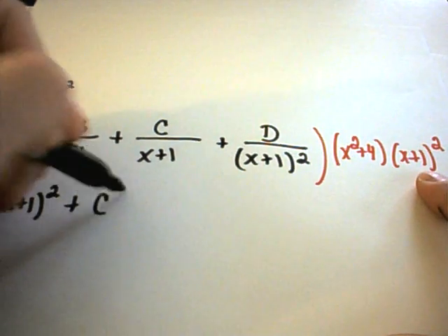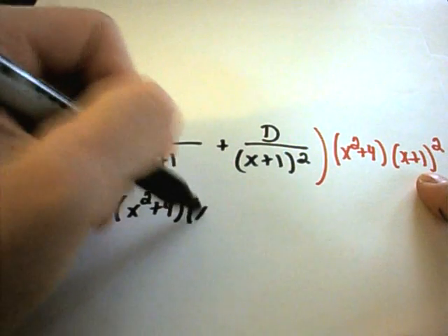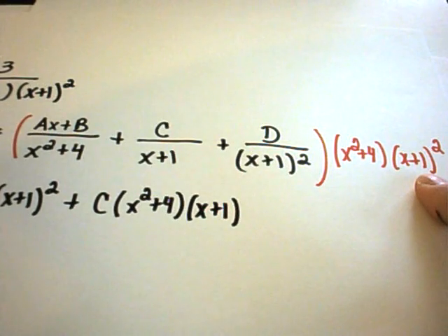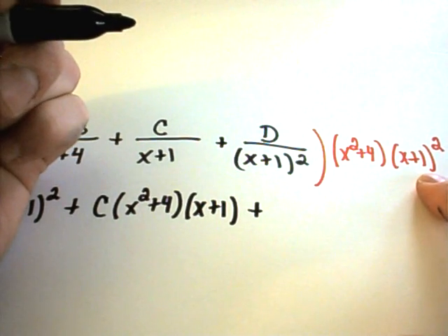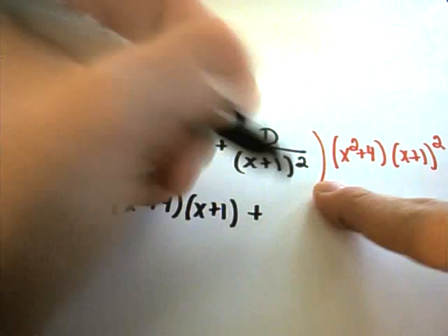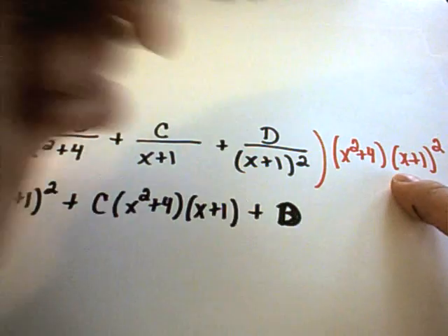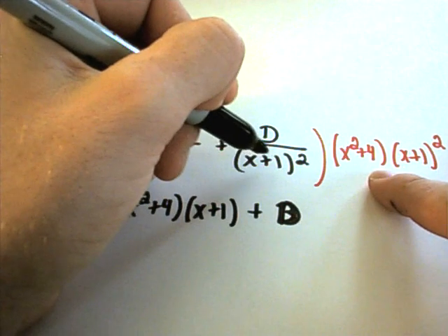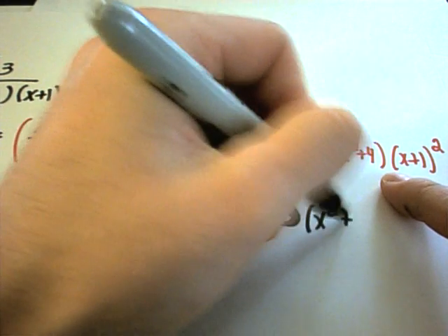So I'm going to have c times x squared plus 4, but I'll keep one of the x plus 1 terms. And then when I distribute the x squared plus 4 times x plus 1 squared to the d term, well, d, not b, the x plus 1 squareds will cancel, leaving me with x squared plus 4.